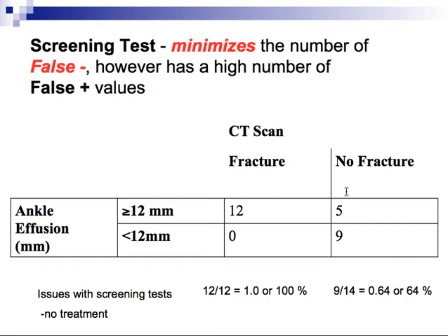So we essentially don't want to exercise people in therapy that have a fracture because they need to be immobilized, not exercised. And so this is a good example of a screening test where we use a test that has low accuracy in terms of false negatives or false positives. We use it to eliminate false negatives and then send them for another test to have the diagnosis confirmed.